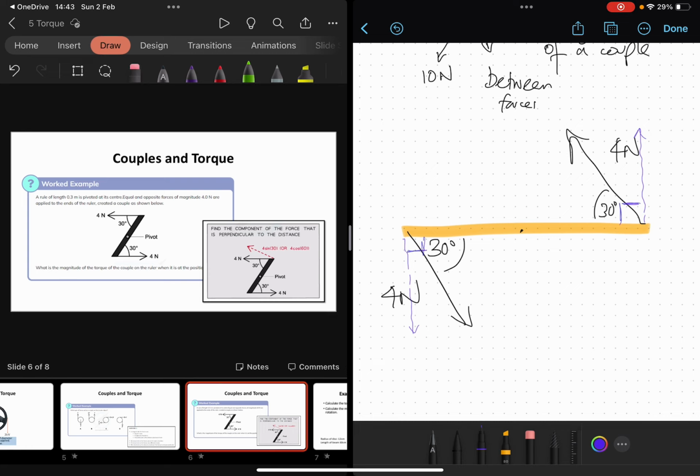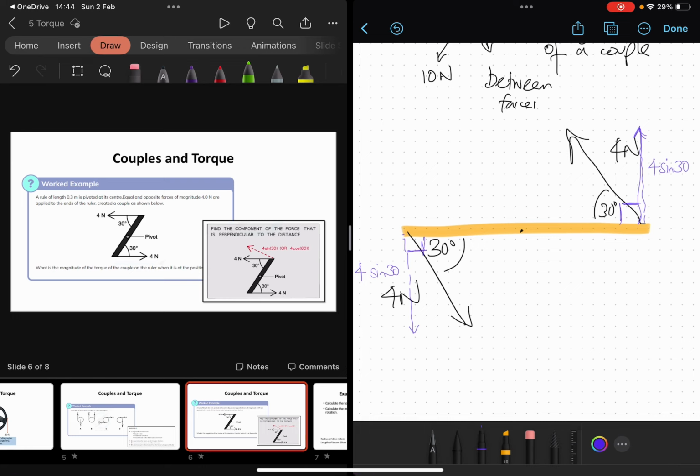In other words, we want to know what component of that 4 newtons is acting perpendicular to the line between those two forces. So if we think about the right-angled triangle that we've created, effectively we are looking at the opposite side of the triangle. So this would be 4 sin 30, and obviously this also has to be 4 sin 30 because they have to be equal in magnitude.